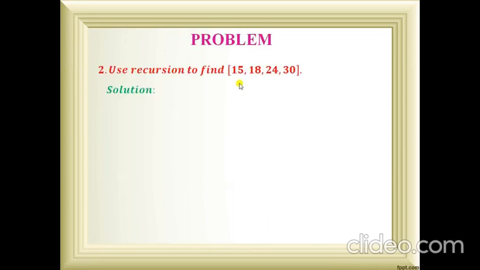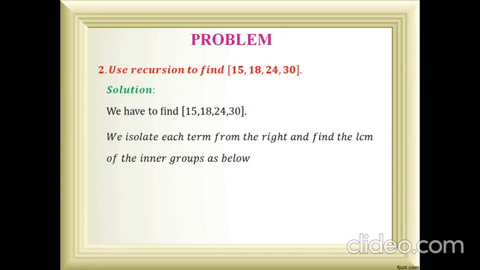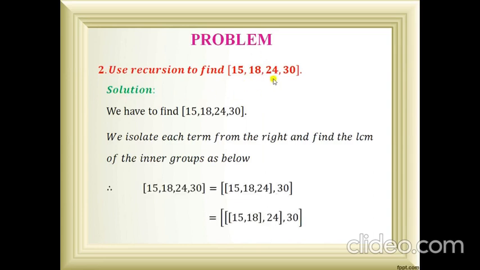So let us have the next problem. Use recursion to find the LCM of this particular system. We isolate each term from the right and find the LCM of the inner groups as below. After grouping, finally I will get 15 comma 18.